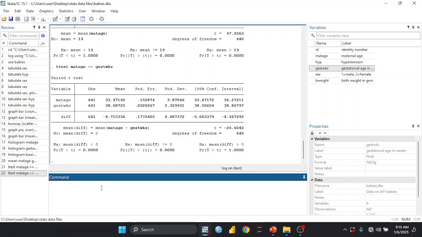All right. Now the third type of t-test is the independent sample t-test, where we have two different groups of people. It could be a case control study. It could be an intervention study, like I explained earlier.